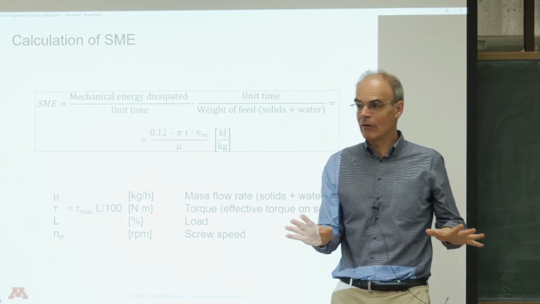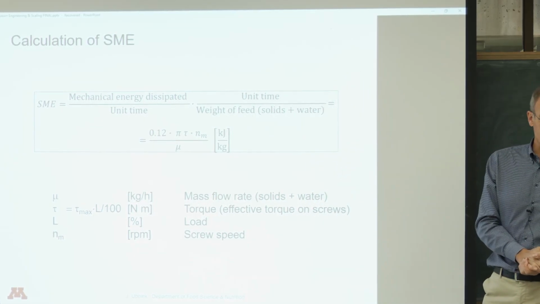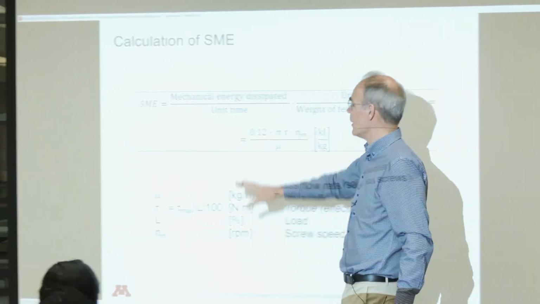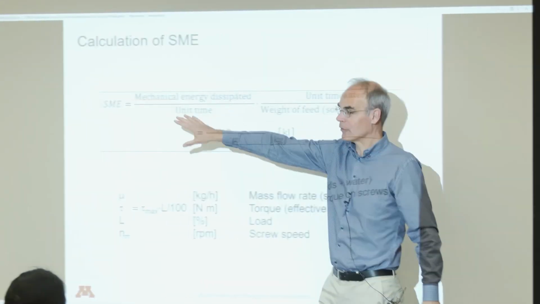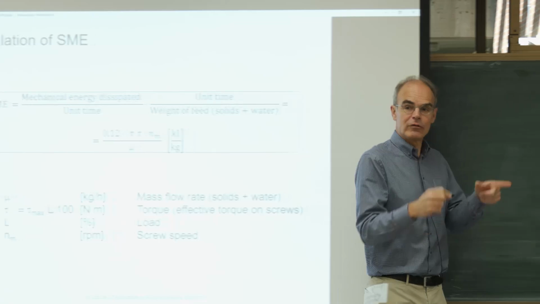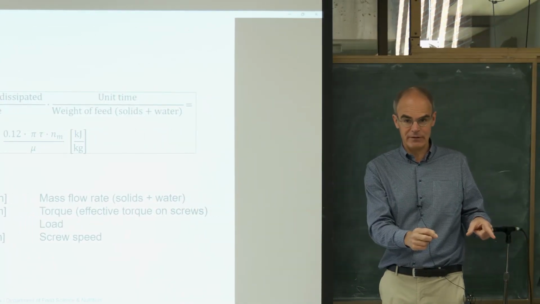And I can calculate it really easily from my extrusion parameters. If I keep track of that sheet, it will calculate the SME for you. So this is a key parameter to keep track of, which tells you really easily the total amount of shear I have put in, the total amount of energy to shear my material.